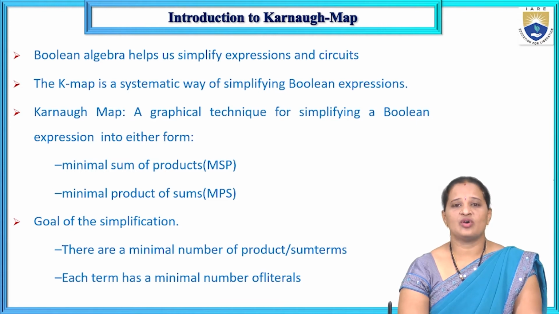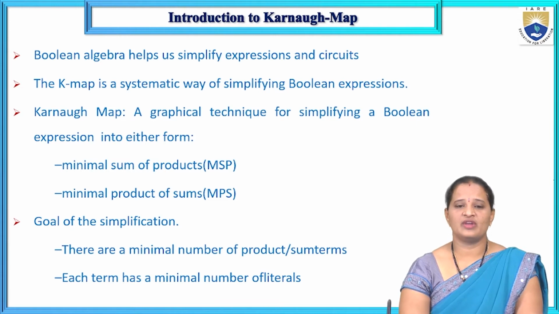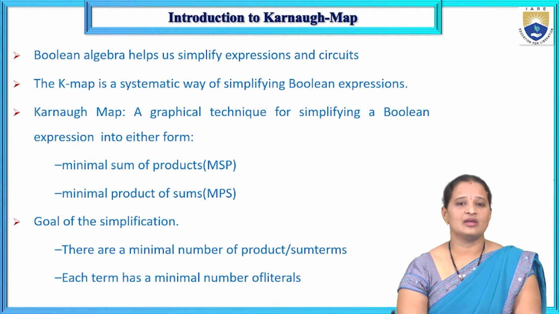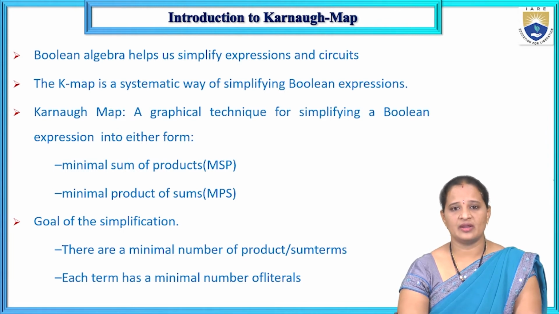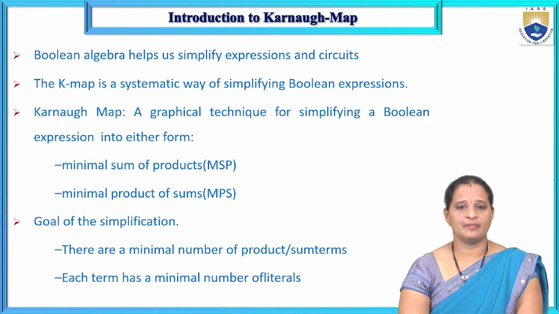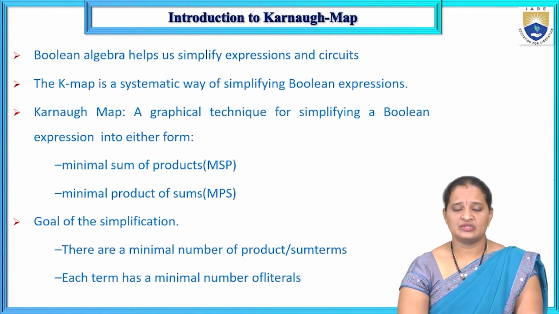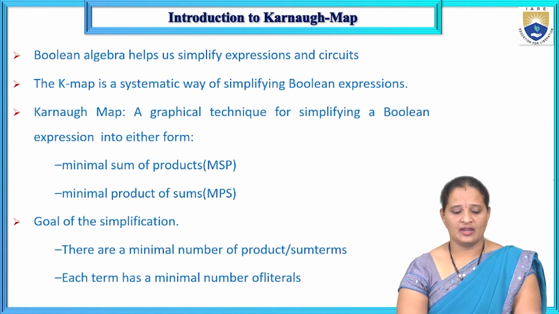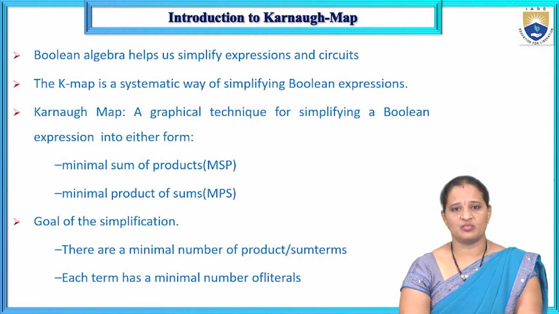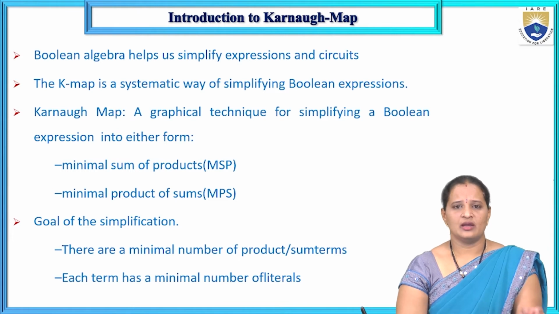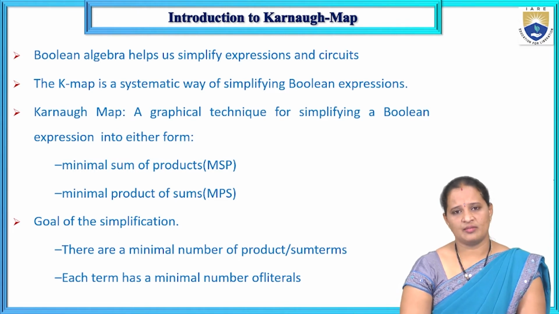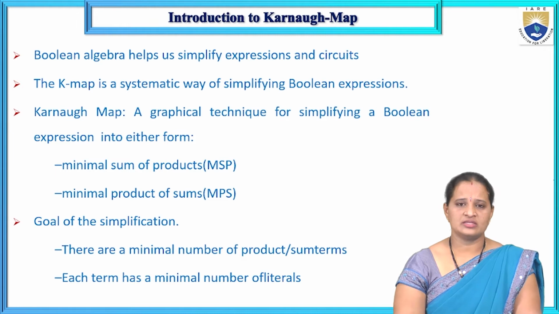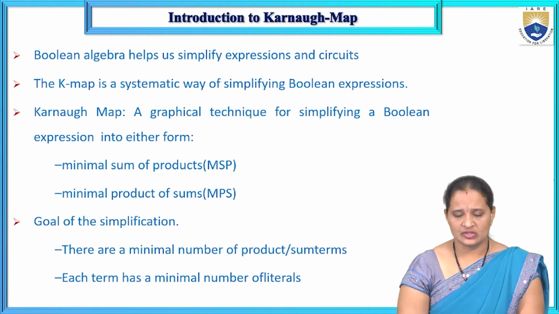And it is complex to apply, since we must remember and apply the laws of Boolean algebra. As the complexity grows, it becomes very difficult to simplify the Boolean expression by applying laws and theorems. So these are the limitations of Boolean algebra.